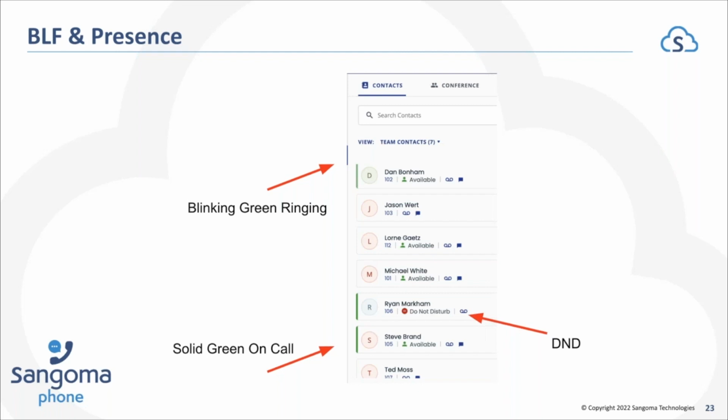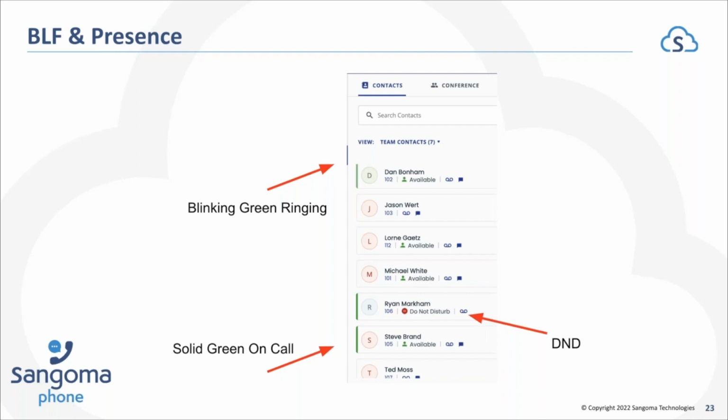So BLF and presence, we have this capability as well on our desktop client. You can see on this screen here Ryan Markham is set to do not disturb, so I can see presence and status indicators there. I can see that Steve Brand has his status set to available, so calls are going to get delivered to him if I send one to him, but we can see that there's a solid green bar next to Steve Brand's name.